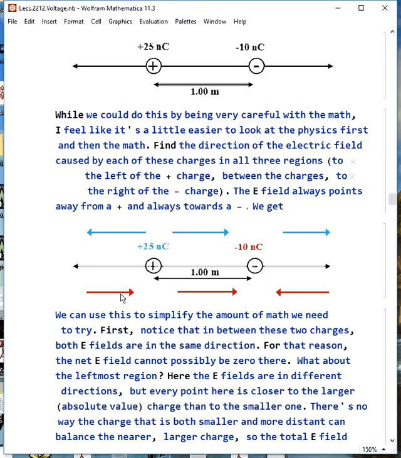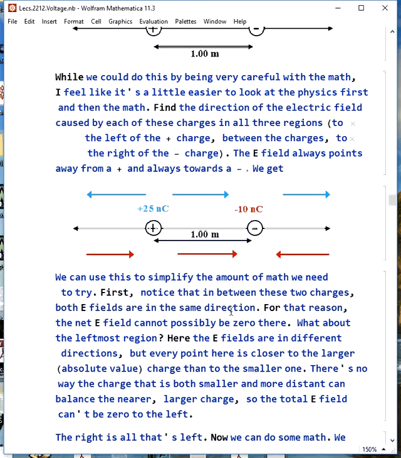First, we notice that between the two charges, the E fields are in the same direction. There's no way these can add to give us 0, so I know there's no point in the middle here where E could be 0. I don't have to do any math. Where could it be 0? We can say, well, what about over here? They're in opposite directions. The problem is anywhere here on the left, you'll always be closer to the blue charge, the positive, than the negative, and this is the bigger charge.